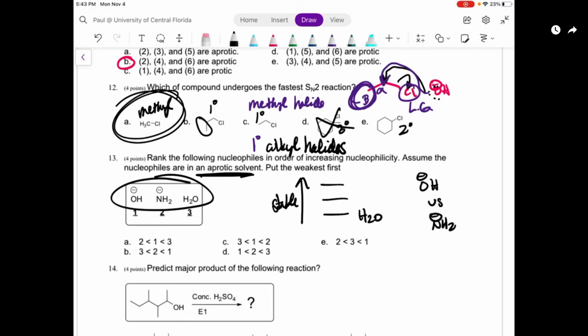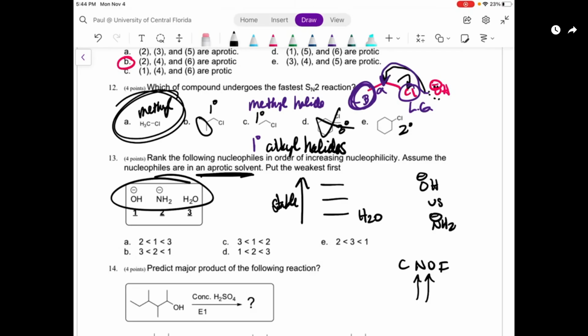And if we look at the periodic table, if we go carbon, nitrogen, oxygen, fluorine, when we compare the oxygen and the nitrogen, which one of those atoms can tolerate a negative charge the best? Well, the more electronegative atom, which is oxygen. So the OH can handle the negative charge a whole lot better. So that's going to be more stable than the nitrogen species.